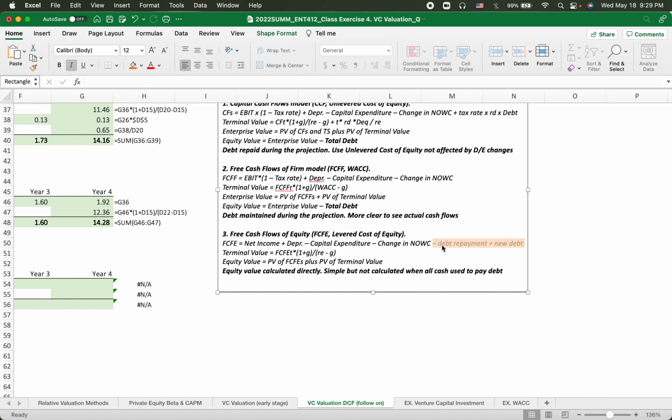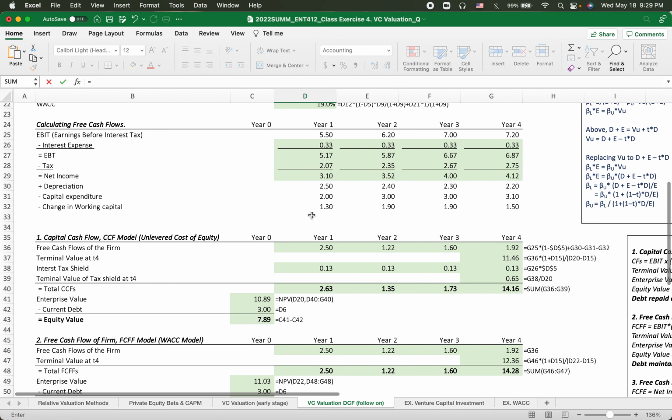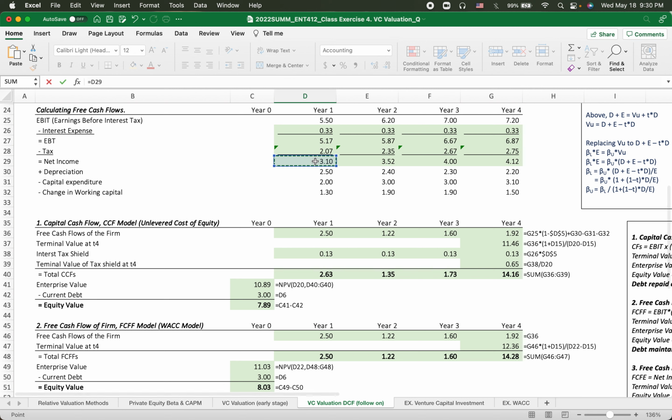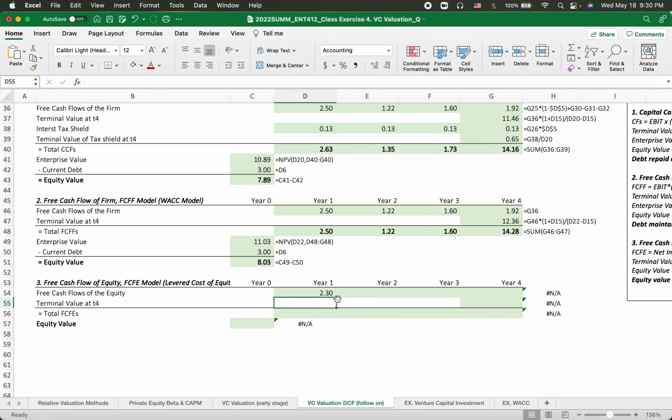So we consider this debt increase or decrease for the cash flows, but again we directly calculate the equity value. So here the starting point is different, right? The net income, and then add back the depreciation, minus the capital expenditures and minus the changes in working capital, and then we got this cash flow of the equity.